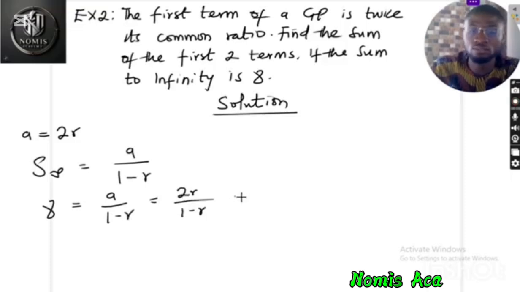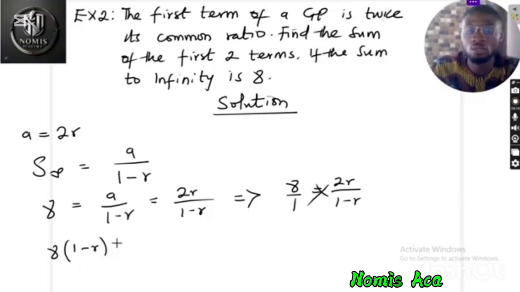So 8 over 1 is equal to 2r all over 1 minus r. So I can cross multiply so that I will have 8 open bracket 1 minus r close bracket equals 2r.